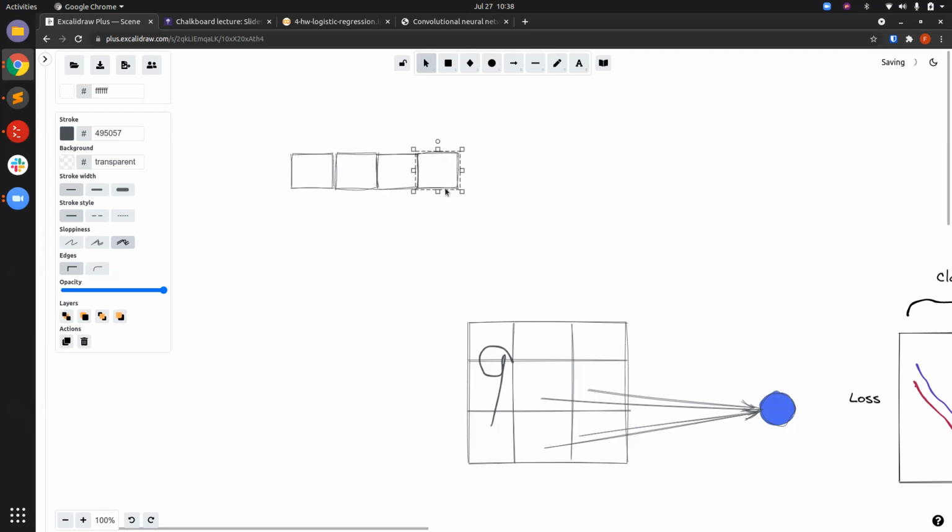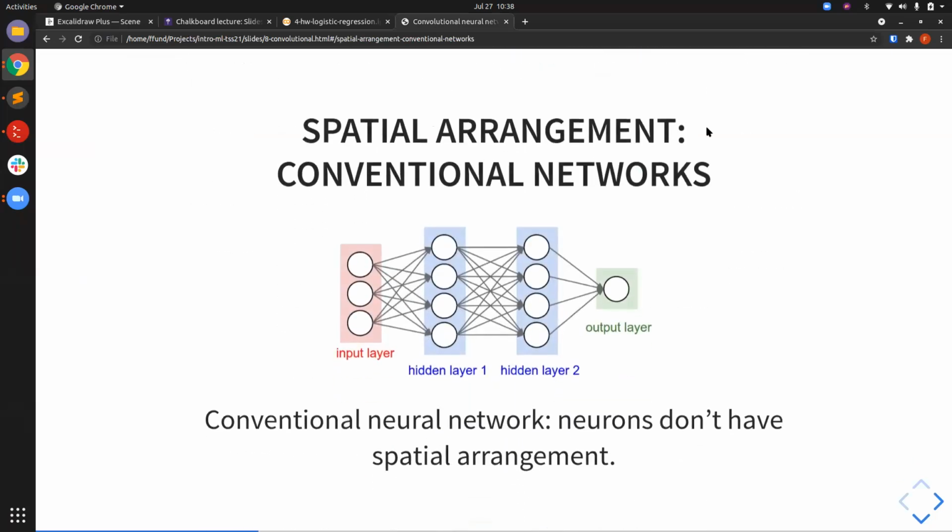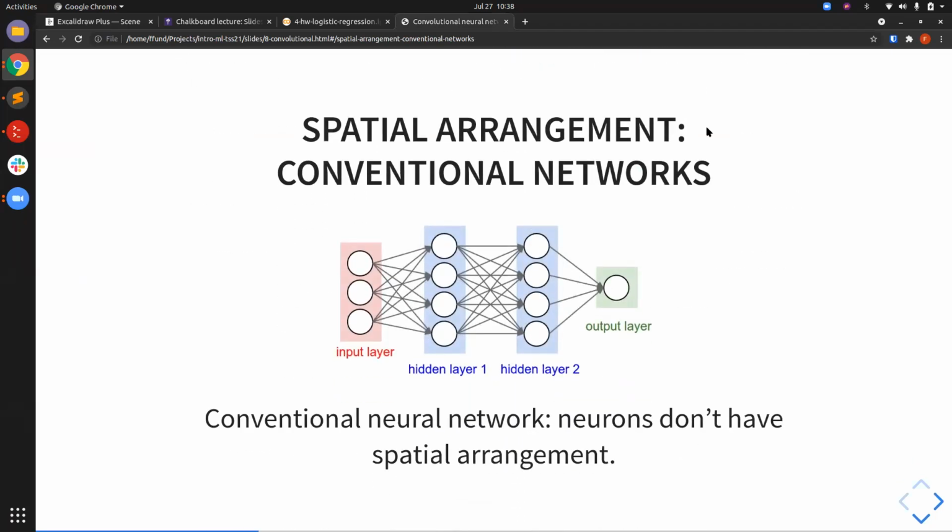Each of these pixels is going to be input to a neural network. When I do this, I lose any information about the spatial arrangement of these pixels. When I have a convolutional network, I don't lose that information. So a conventional, fully connected neural network will take this flat version of the inputs.